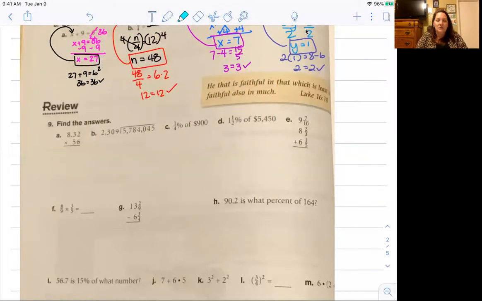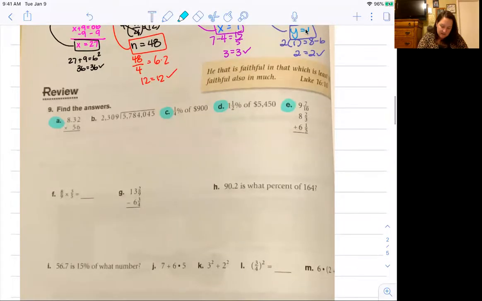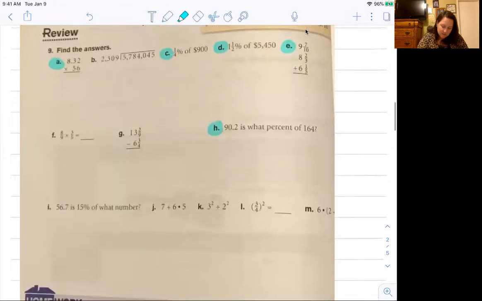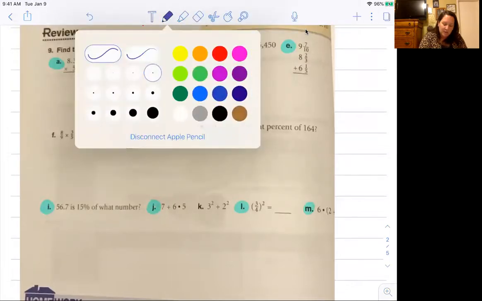I would like you to do A, C, D, E, H, let's do I, J, and L. Those are the ones I'd like you to do tonight. Actually, I'd like you to do M too. And I know I cut it off, but we'll go over it when we get there.